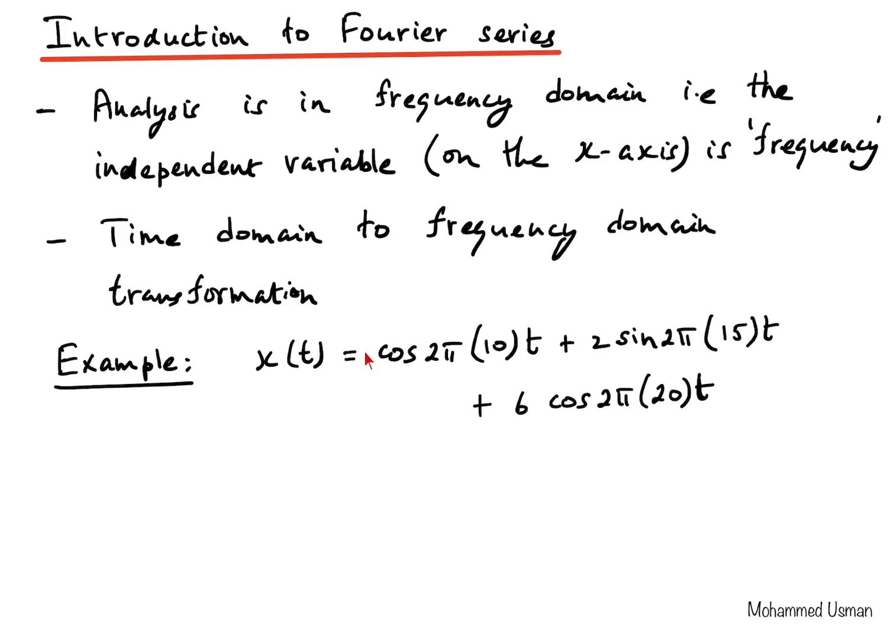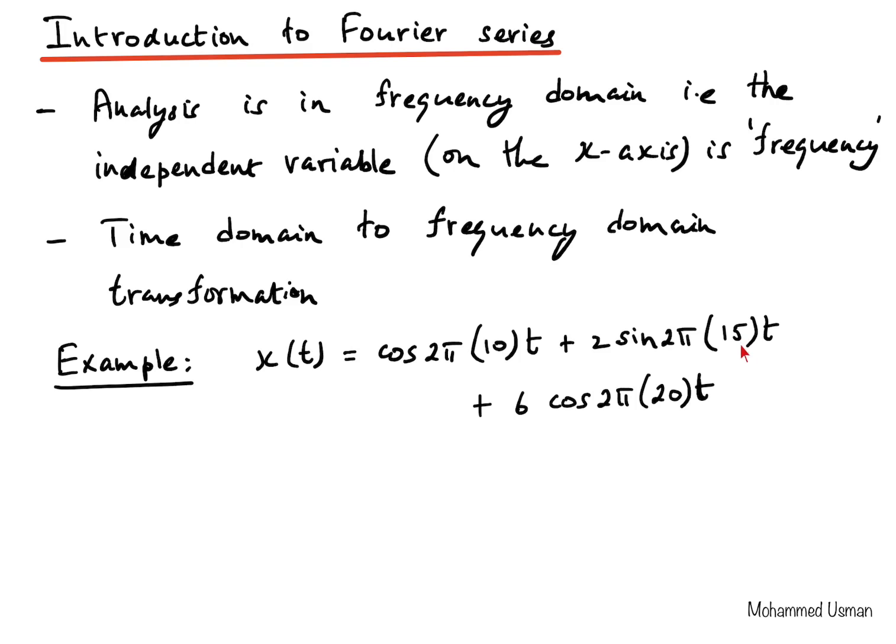In this particular case, cosine is a periodic signal, sine is also a periodic signal, so the sum of periodic signals is also another periodic signal. But by doing the time domain to frequency domain transformation, how to do that we'll talk about later, we can identify what frequencies are present in that signal x of t and what is the magnitude of each frequency component.